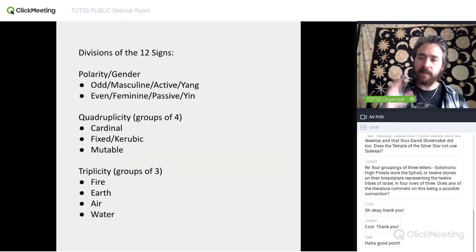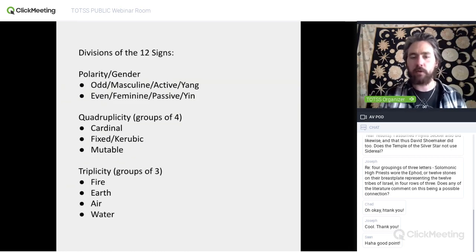The fixed sign is the middle of that season, when you're just really purely and unambiguously in that season. And then the mutable signs are the end of that season, the beginning of the transition into the next one. Again, from a 4-season perspective, other cultures have 3 seasons or something like that. This is coming from a Western 4-season perspective.